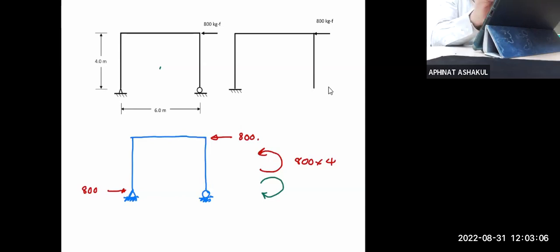But now you need something that is going to be multiplied by 6. What's that going to be that gives you 3,200?